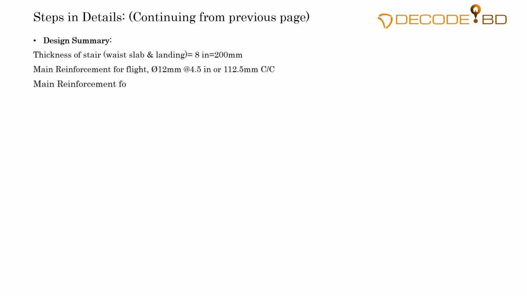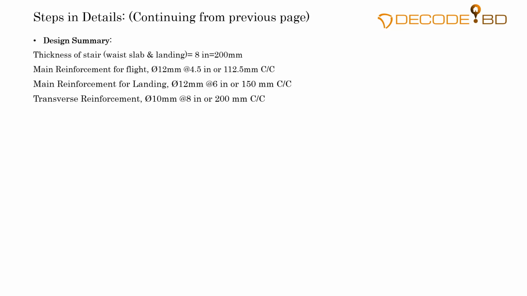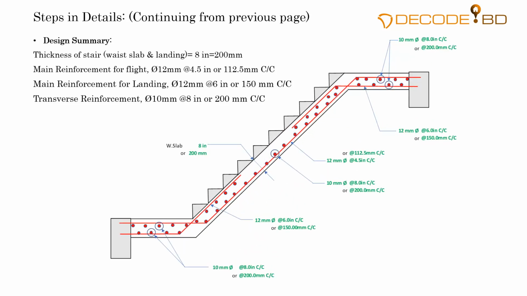Main reinforcement for landing: diameter 12 mm at 6 inch or 150 mm center to center. Transverse reinforcement: diameter 10 at 8 inch or 200 mm center to center. This is the detailing with the designed reinforcement. So in this way we can design a stair manually.